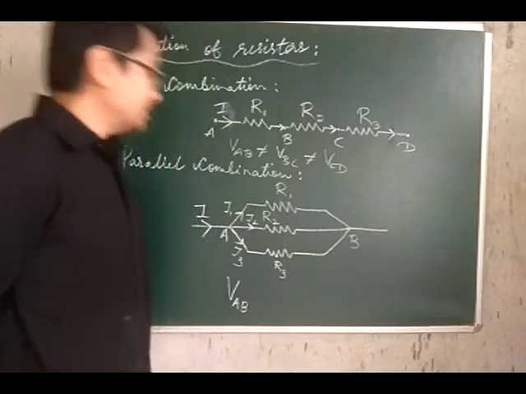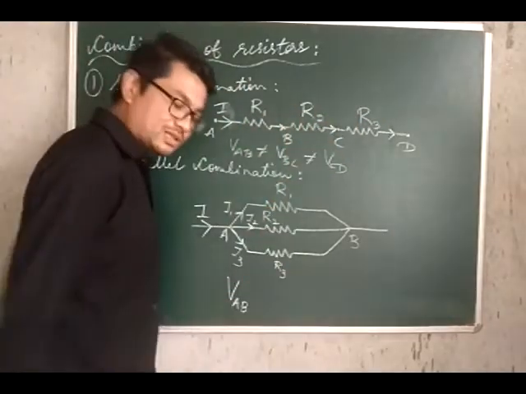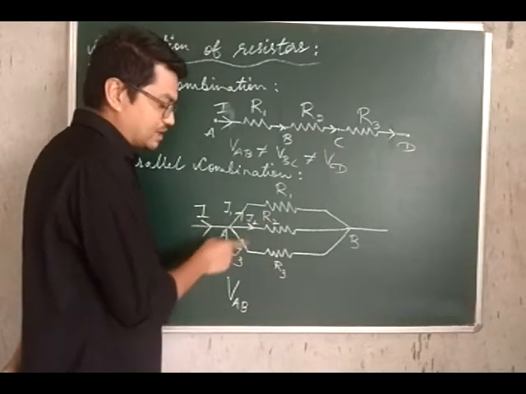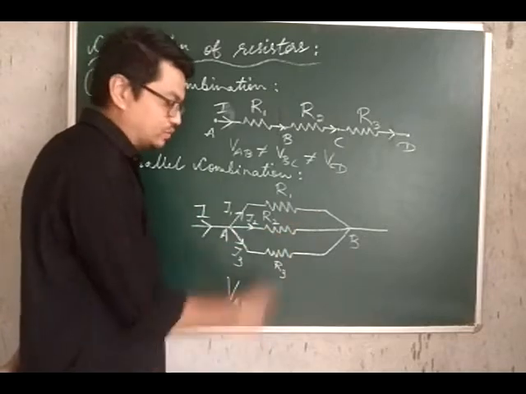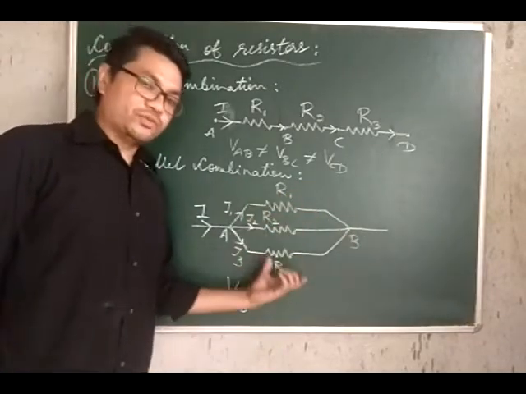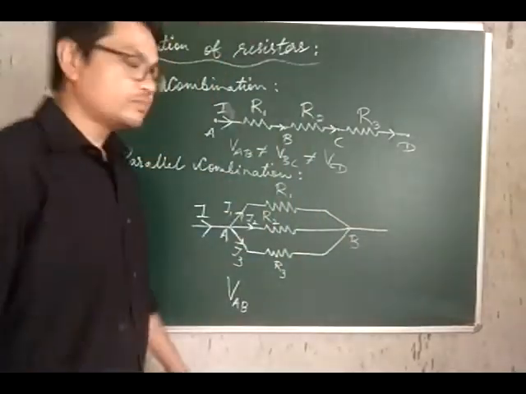Alright, so therefore we see in series combination, same current, different values of potential difference, whereas in case of parallel combination, different values of current are flowing through the resistors, whereas the potential difference across each of the resistors in parallel combination is the same.